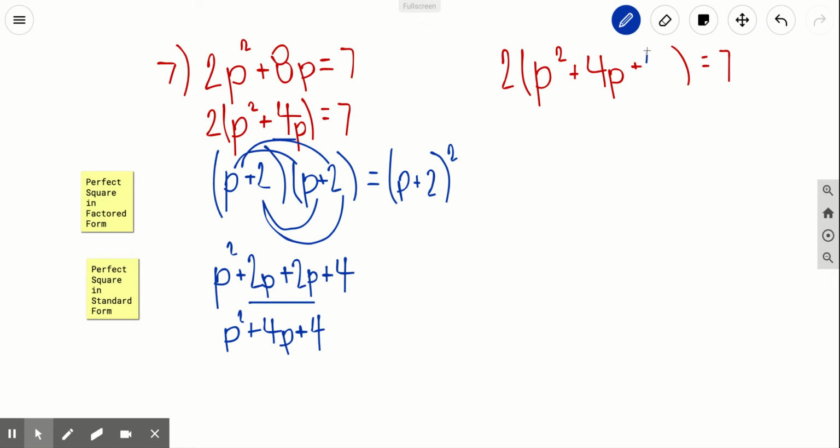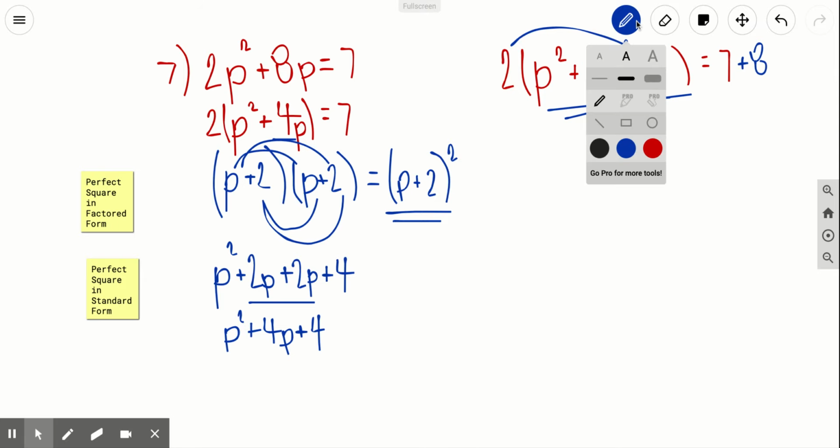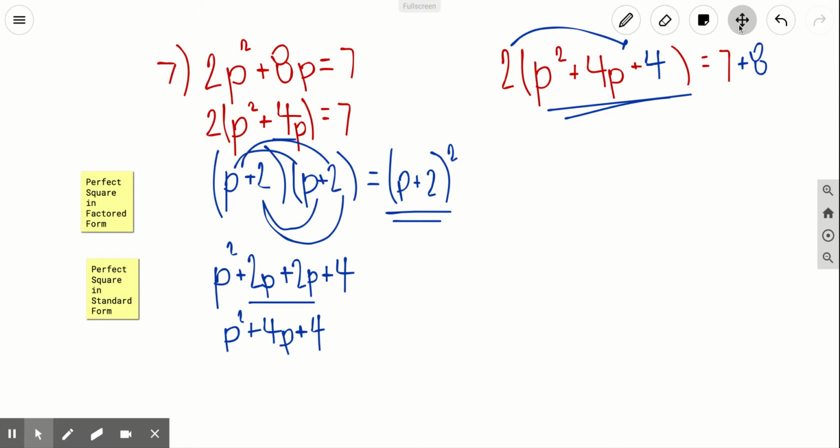If I add 4 to the left side, I'm really adding 8 because I'm adding 2 times 4. If I add 8 to the left, I need to add 8 to the right. At this point, you're ready to include your perfect square in factored form in your original equation and solve for p. That's where I'll leave off for question 7. Go ahead and give it a try.